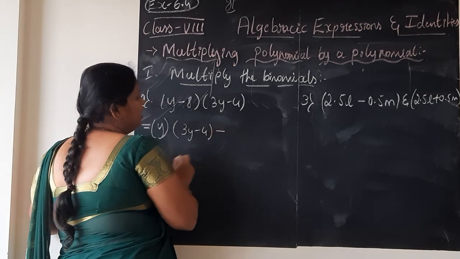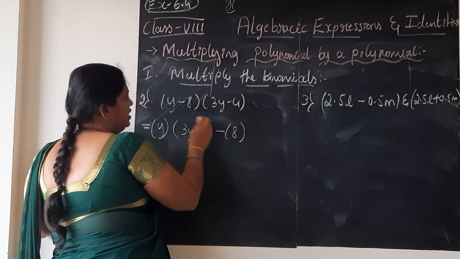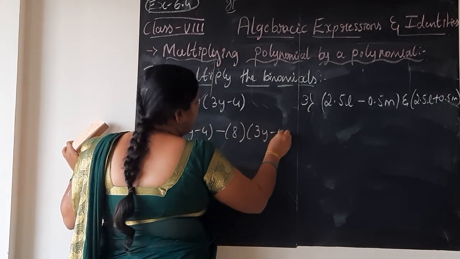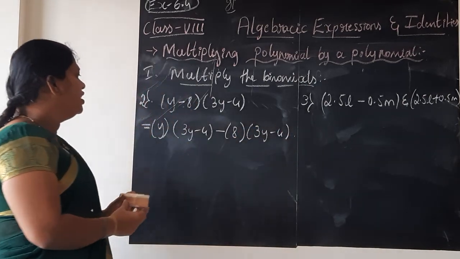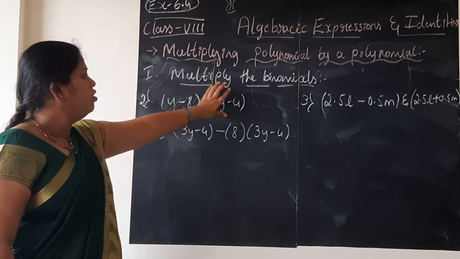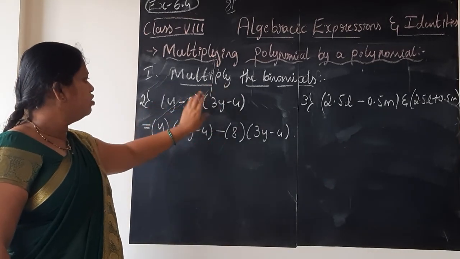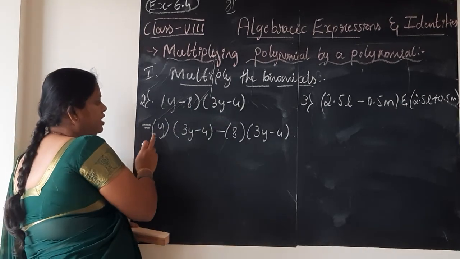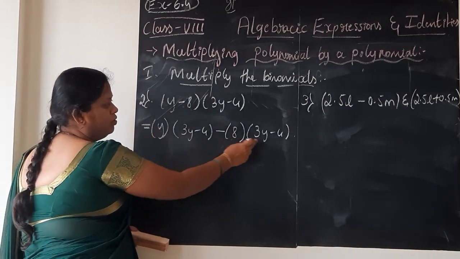I will write minus, again the second term of the first binomial, into 3y minus 4. Hope you are clear with it. Y into the whole bracket, minus is there, so minus, again the second term 8 into the whole bracket. Now it became monomial with binomial, monomial with binomial.